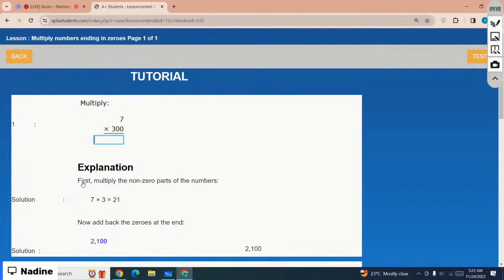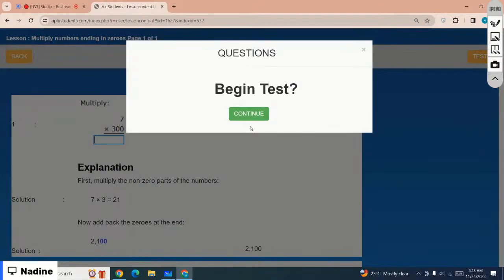So 7 times 3 is 21, and then you add the two zeros at the end of 21. So that would be 2100, right? When you are multiplying numbers ending in zeros, that is very, very easy. Let's just start with the test questions.